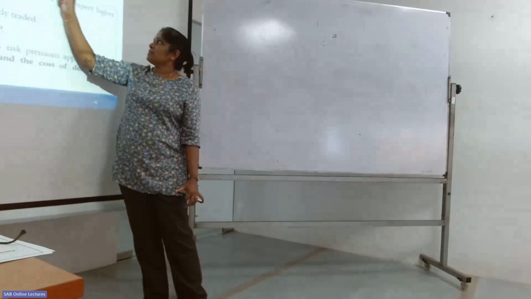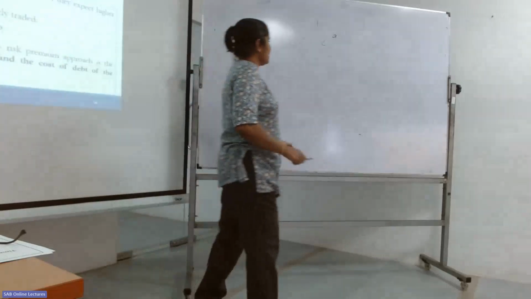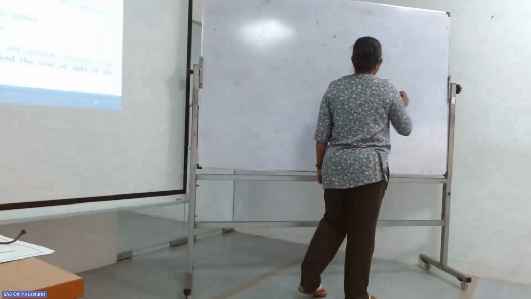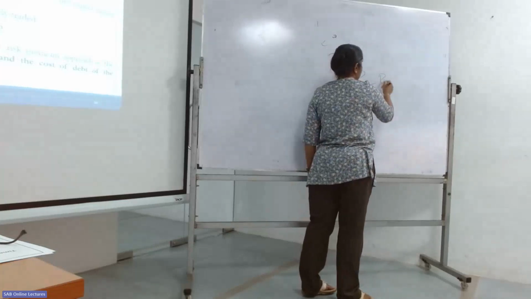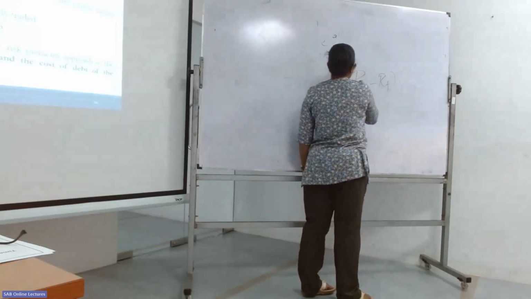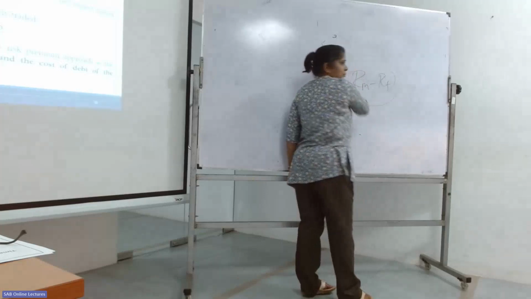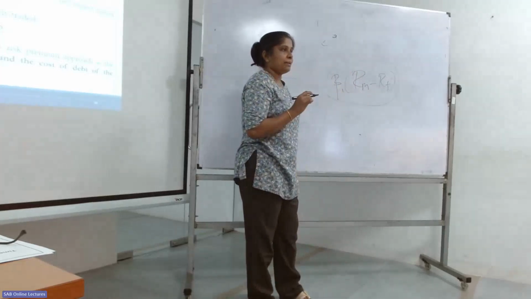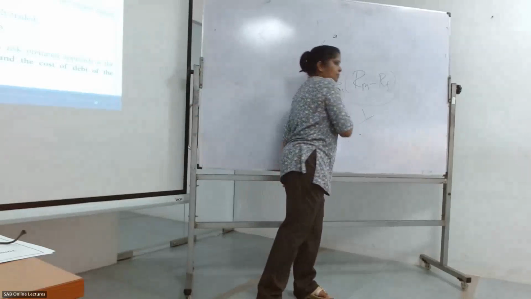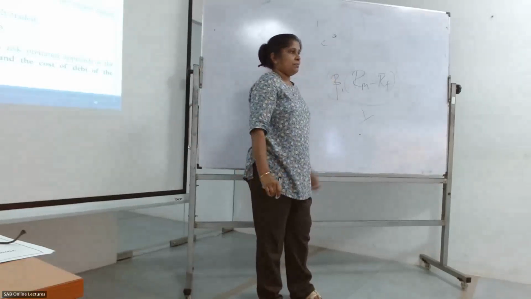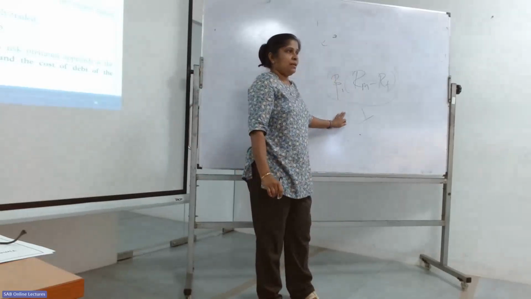But remember, this risk premium is not like the risk premium we estimate with the CAPM. The CAPM risk premium is equal to the market return minus the risk-free rate, multiplied by beta. So this is the risk premium in the CAPM. But this risk premium is not this market risk premium, the CAPM-based risk premium.